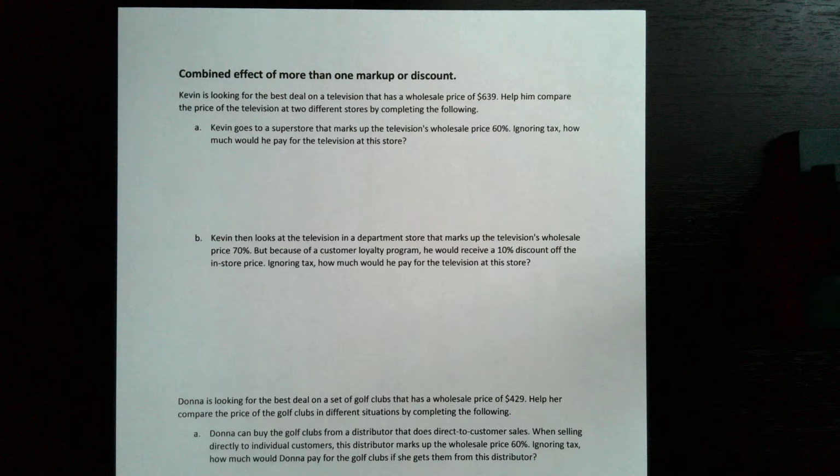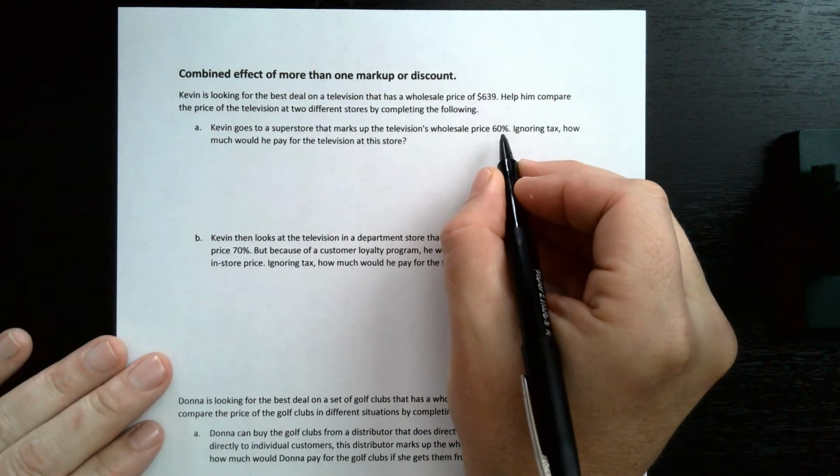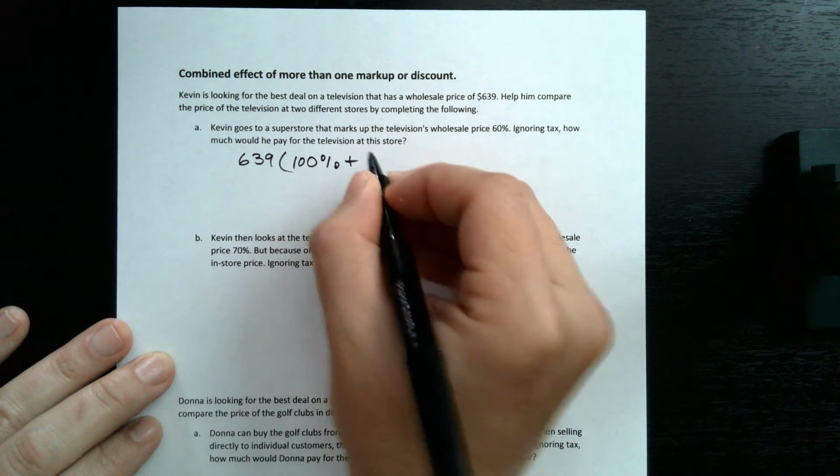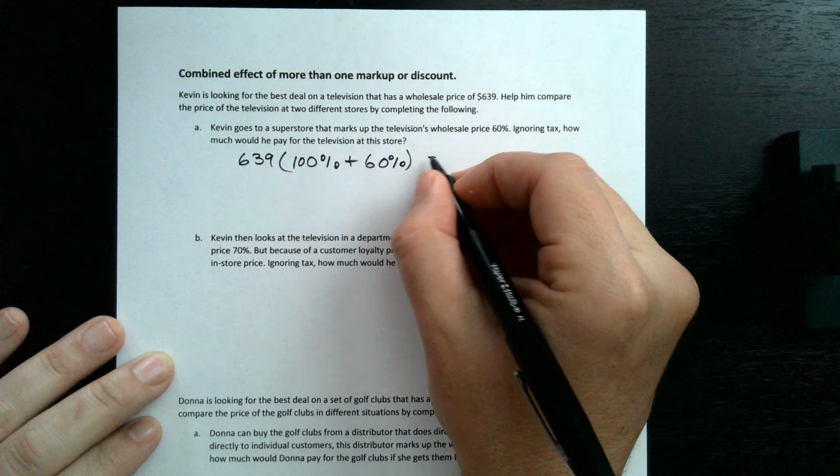Okay, so if it marks up by 60%, that's 60% more than 100%. So you're going to have 100% of the $639 plus another 60% of that.